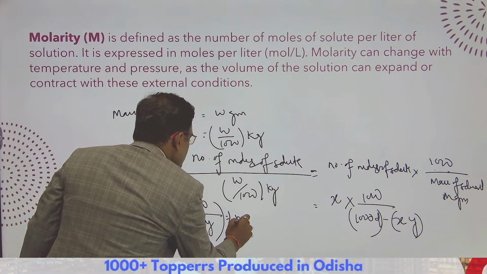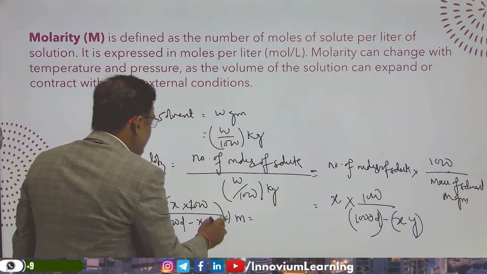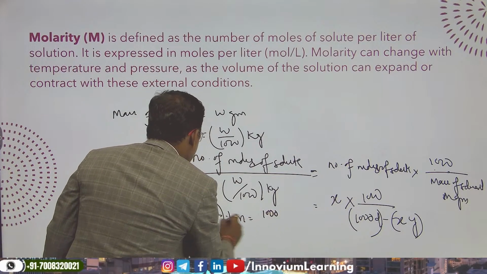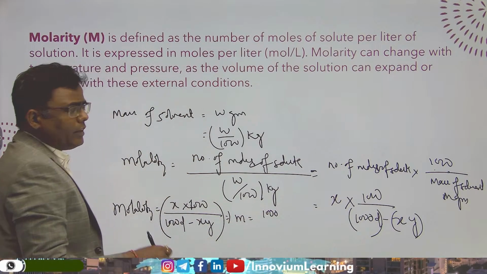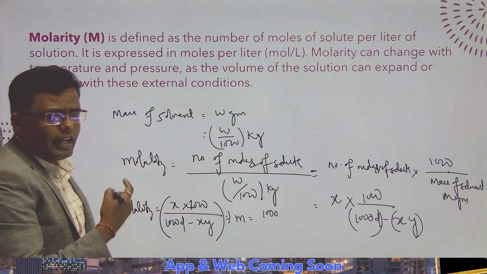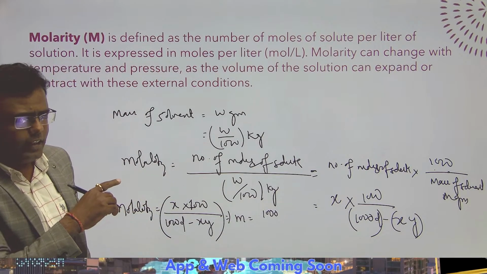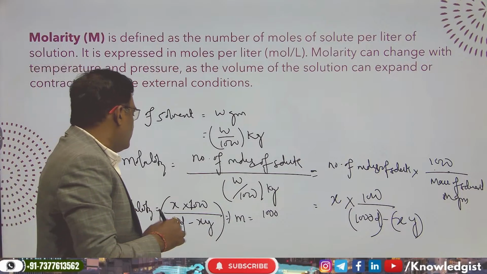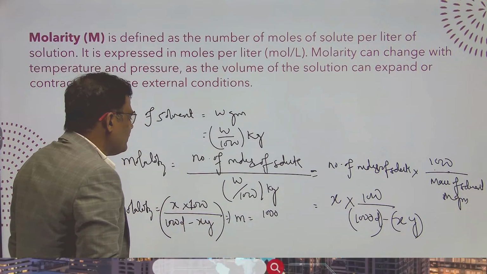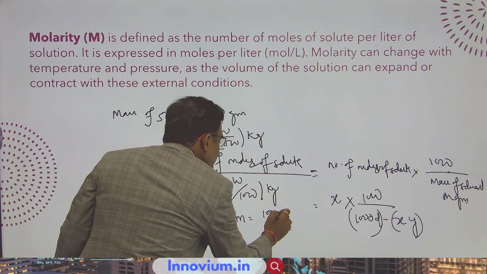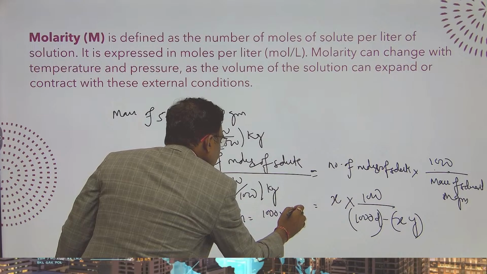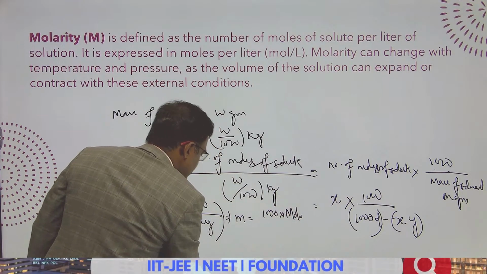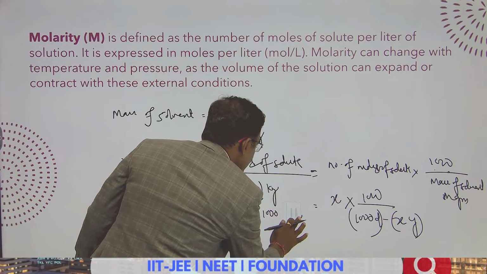That implies molality small m is 1000x over 1000d minus xy. So what is this x, my dear? What is this x? x is nothing but that molarity. At the beginning we have taken the molarity of the solution as x, correct? So in place of this x we can consider this is the molarity of the solution. This is molarity.